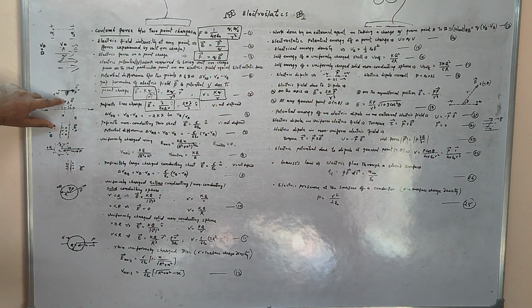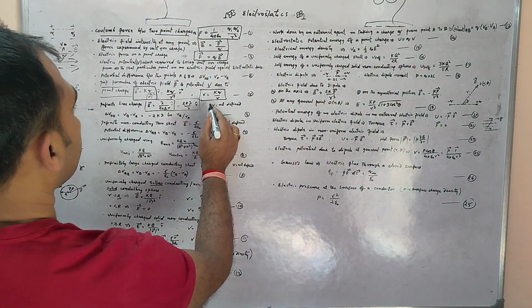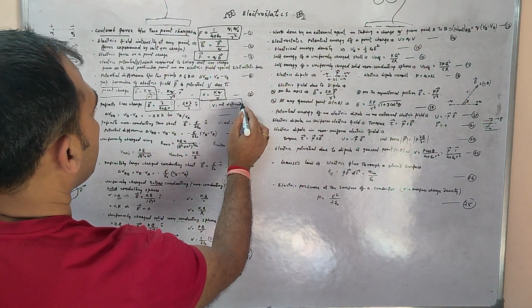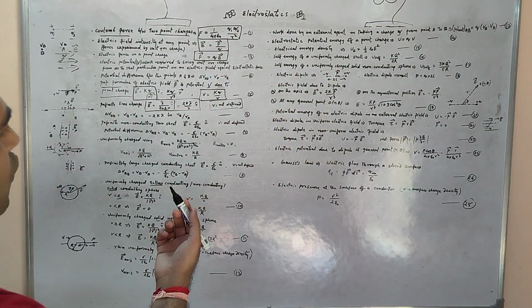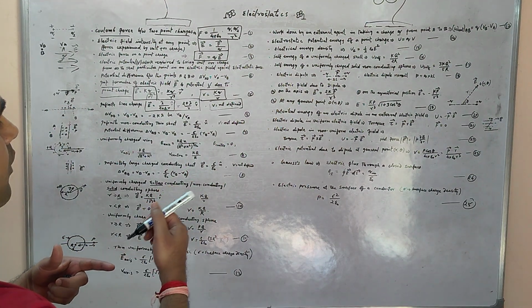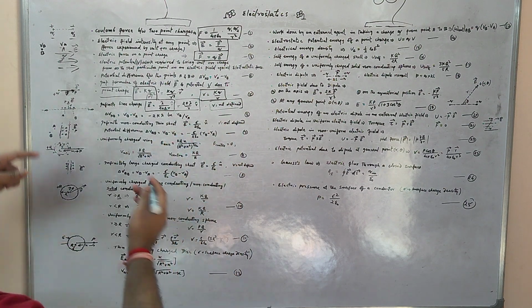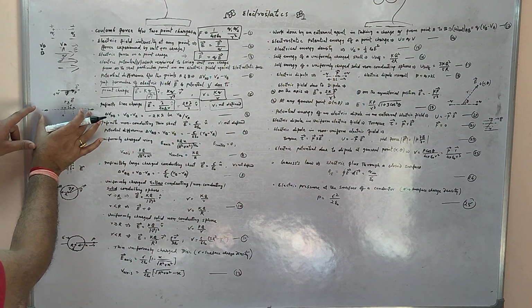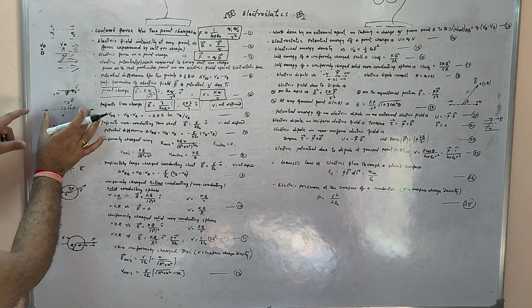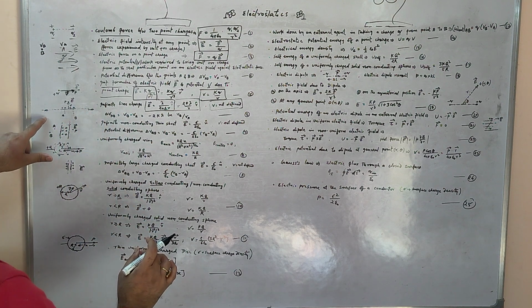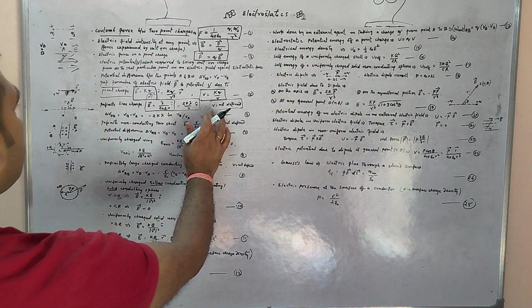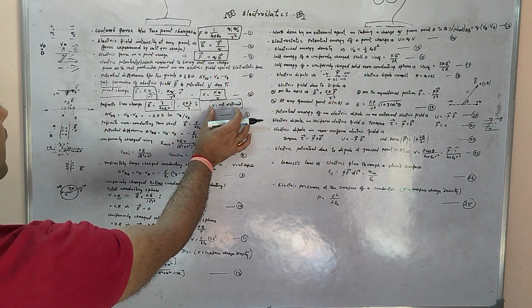Here there is a point P at a distance r. So electric field can be given by this. Here potential V is not defined. Why? As we know, potential is the work done by an external agent to bring unit positive charge from infinity to that point. But this is also from minus infinity to plus infinity. So V cannot be defined here.